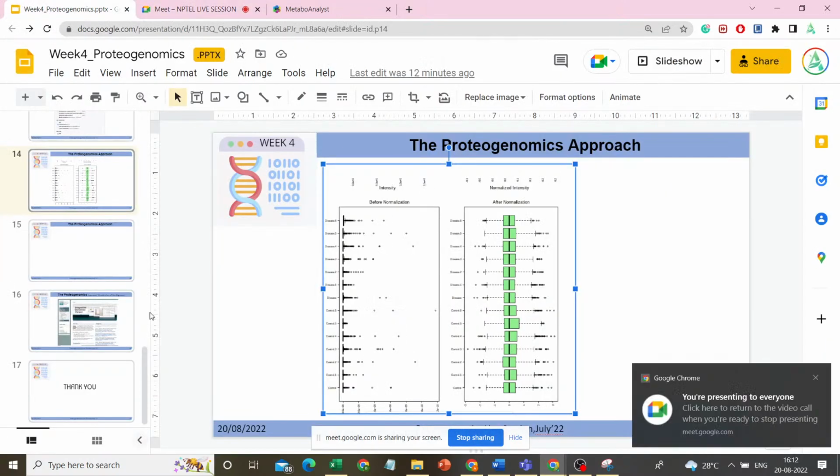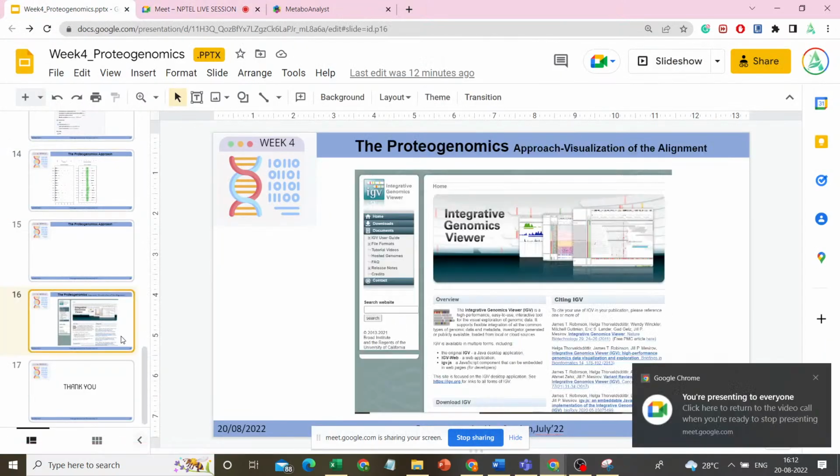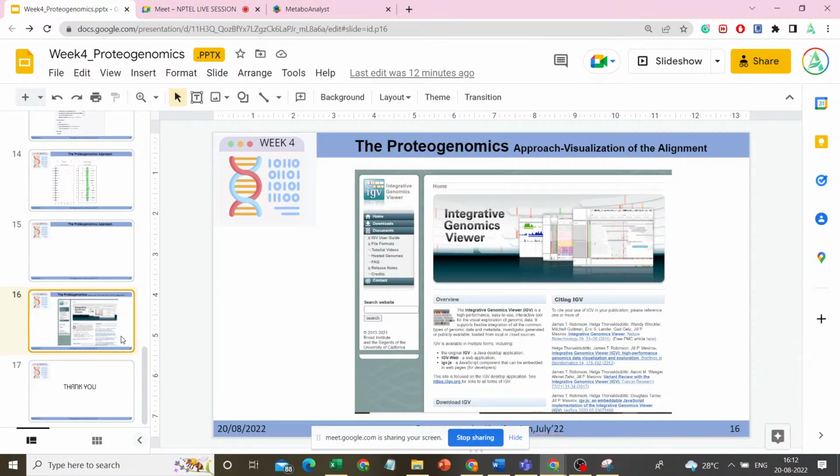Another thing is that each week we are telling you about different tools that you can use to analyze for the proteogenomics approach. In the previous week we had told that BWA or Bowtie2 generally helps in the alignment of your disease genome with a reference genome or with a matched control genome.